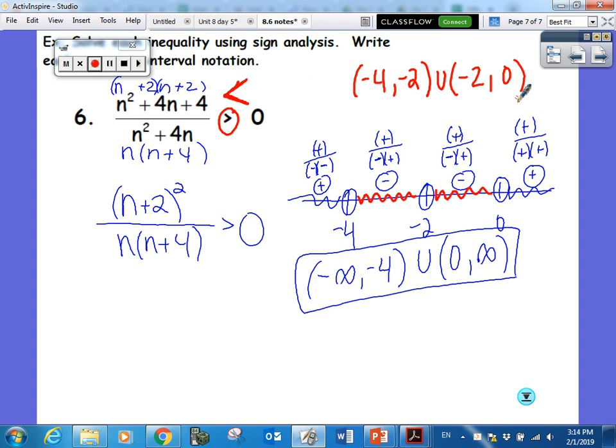We wouldn't just say -4 to 0 because that's not true. We go from -4, that's why that dot is important, because if that dot wasn't there, you might just squiggle your line all the way through that. We know that it can't be -2 because there's no equal sign. So that's why that open dot was there.